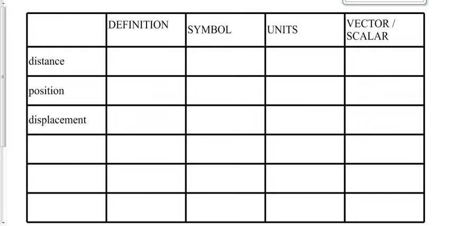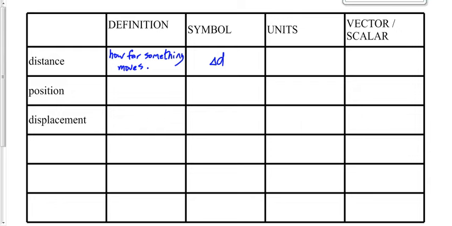Distance, that's a pretty easy one to define, right? How far something moves. Moves or has moved. The symbol for distance is going to be delta D. Delta is a Greek letter.